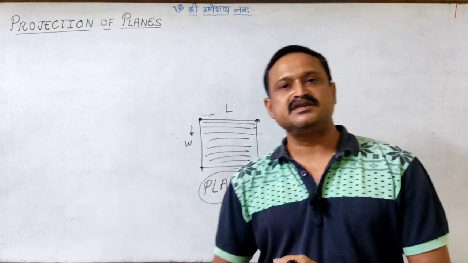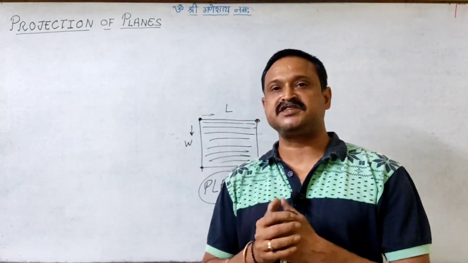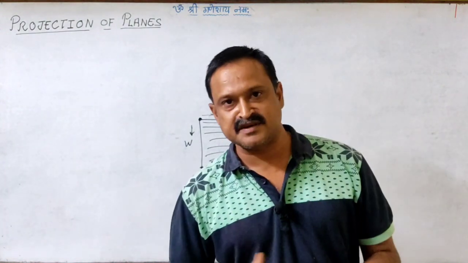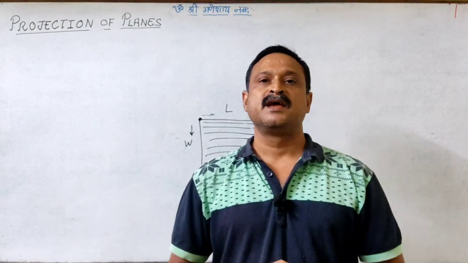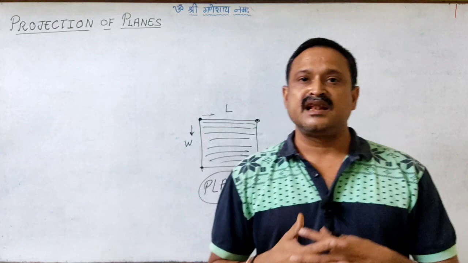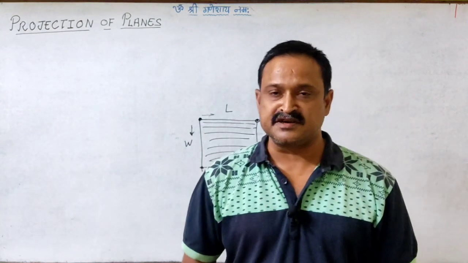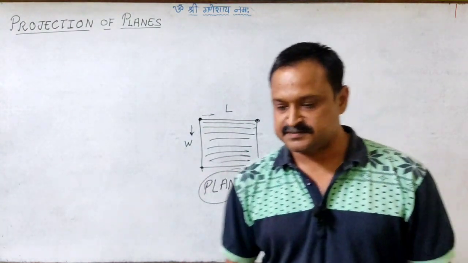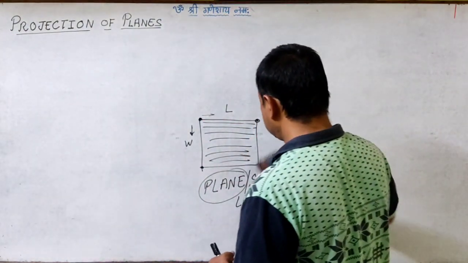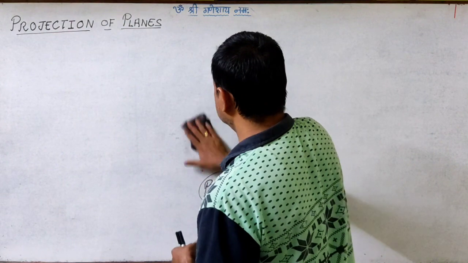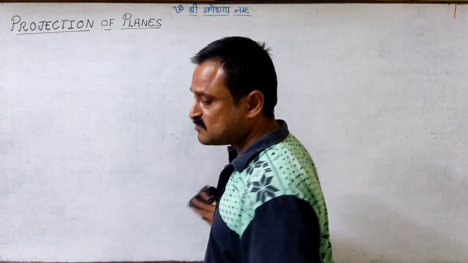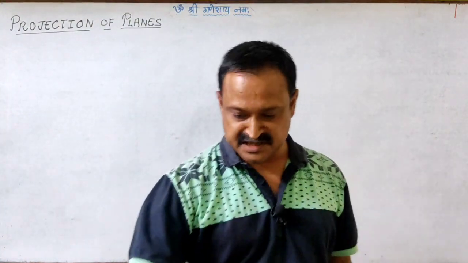Now, as in the case of lines, we have seen certain specific conditions of a line, like a line parallel to both the reference planes or principal planes, a line inclined to one plane, and a line inclined to both the reference planes, that means the oblique condition. Similarly, in the case of planes, we can categorize these into two conditions, or types of placements.